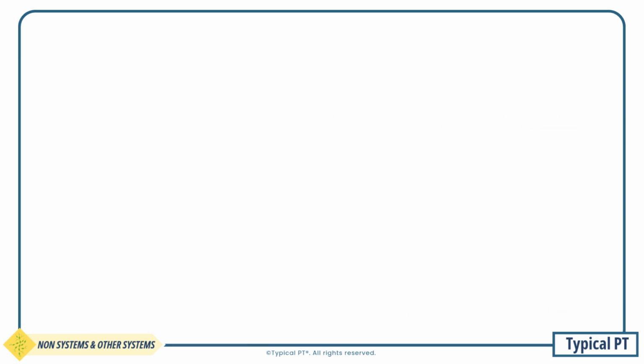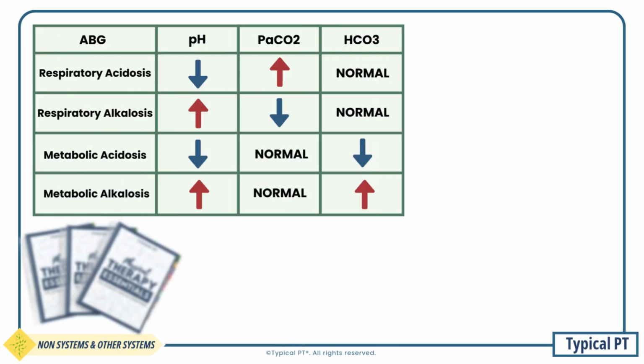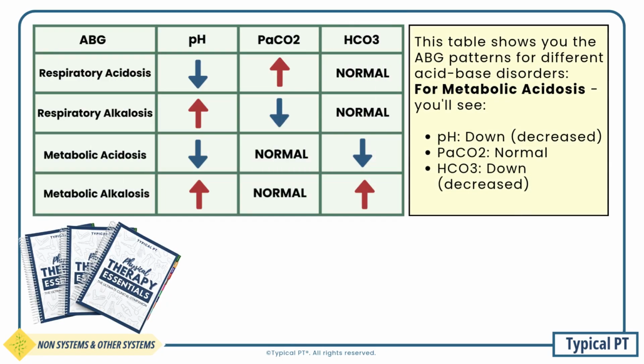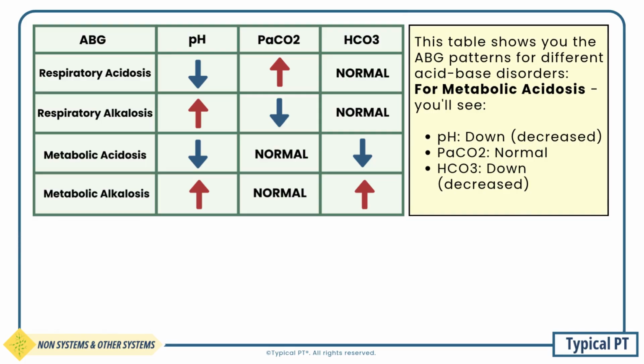Now, let's look at this helpful reference chart from the Physical Therapy Essential textbook. This table shows you the ABG patterns for different acid-base disorders. For metabolic acidosis, which is what our patient has, you'll see pH down, decreased. PaCO2, normal. HCO3, down, decreased.